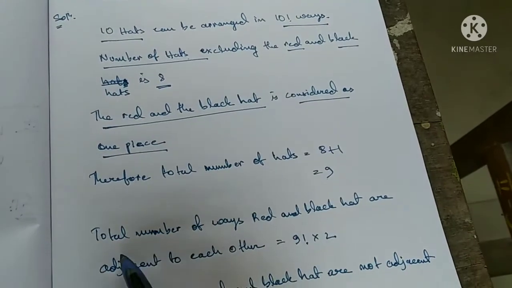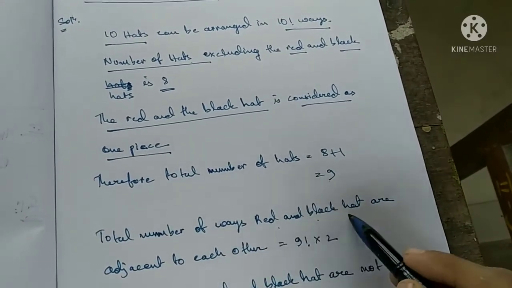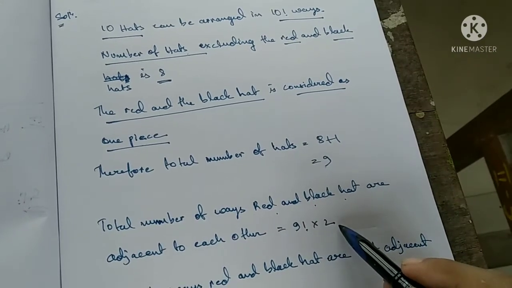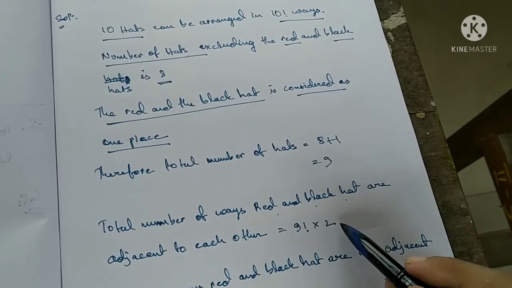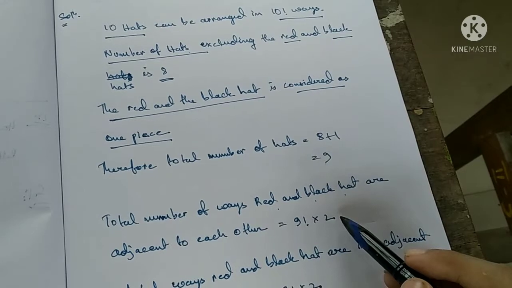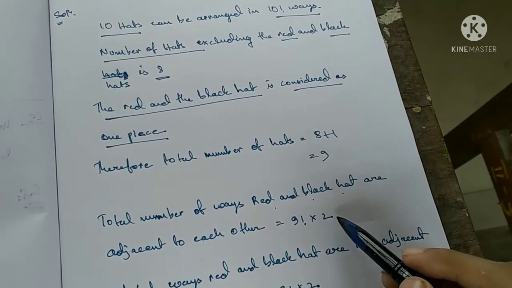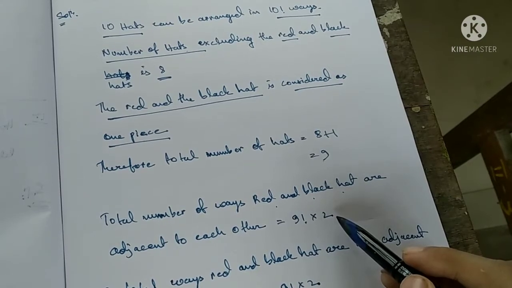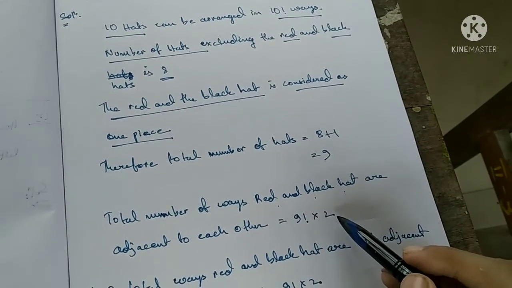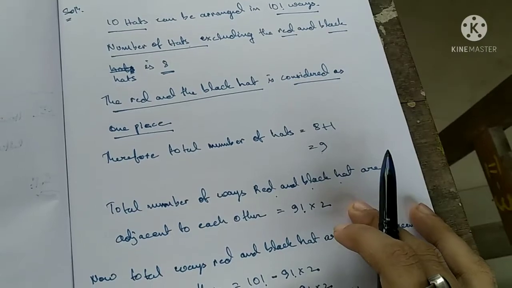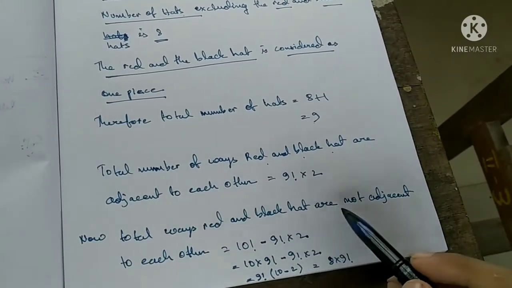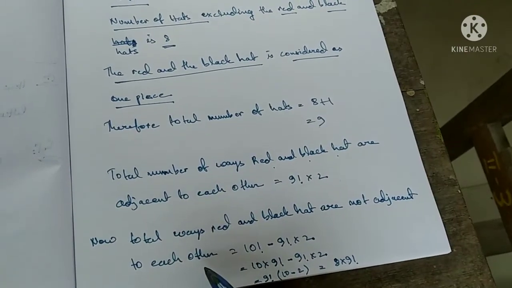Understand? So the total number of ways red and black hats are adjacent to each other will be 9 factorial into 2. Okay, 9 factorial into 2. And next, the total ways red and black hats are not adjacent to each other.